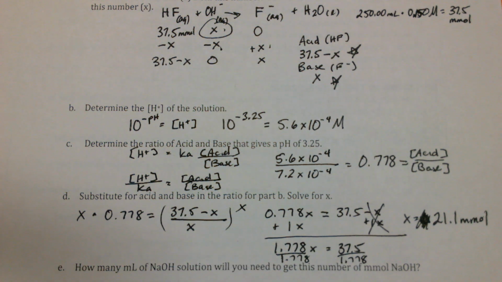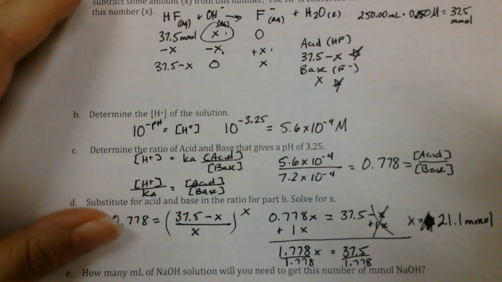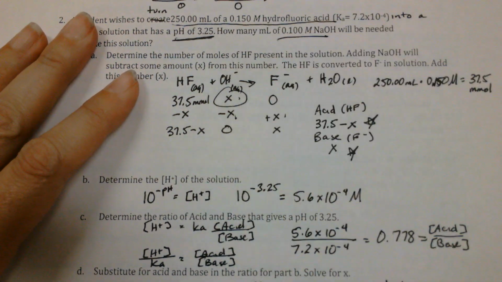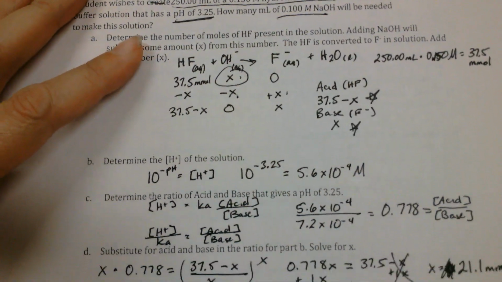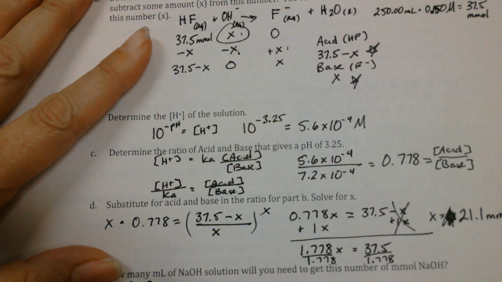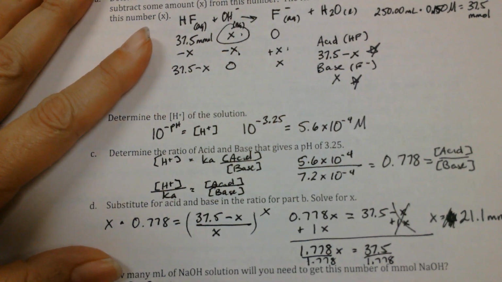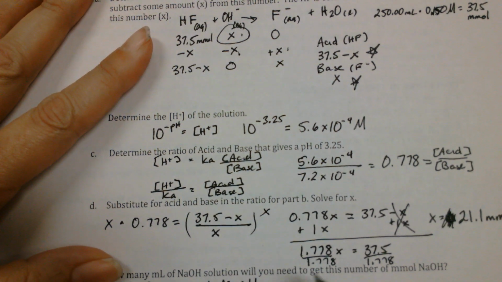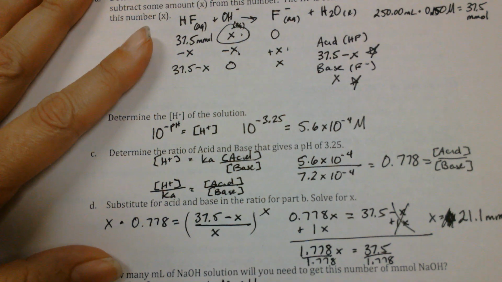Now, if it was a solid, I'd just convert it to grams and go mass it, but it's not. In the problem, it says that I have a 0.1 molar NaOH solution. So I need to figure out, how do I get 21.1 millimoles of NaOH when I have a 0.1 molar solution?